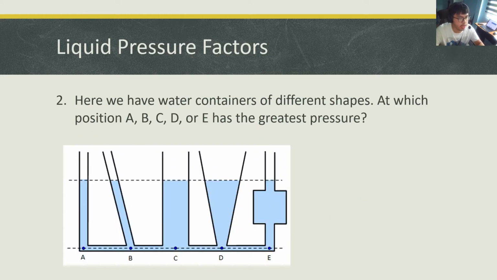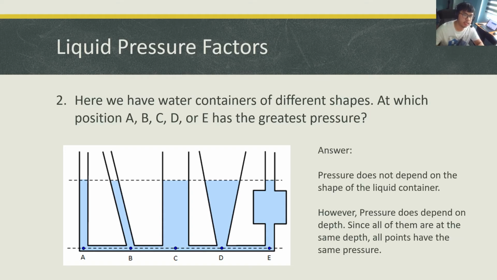So here we have water containers of different shapes. At which position A, B, C, D, or E has the greatest pressure? So what's the answer for this one? The answer for this one is none of them. They all have the same pressure. So remember, pressure does not depend on the shape of the liquid container.